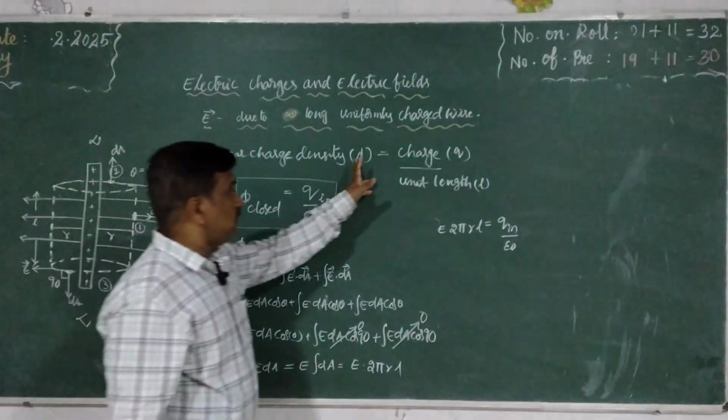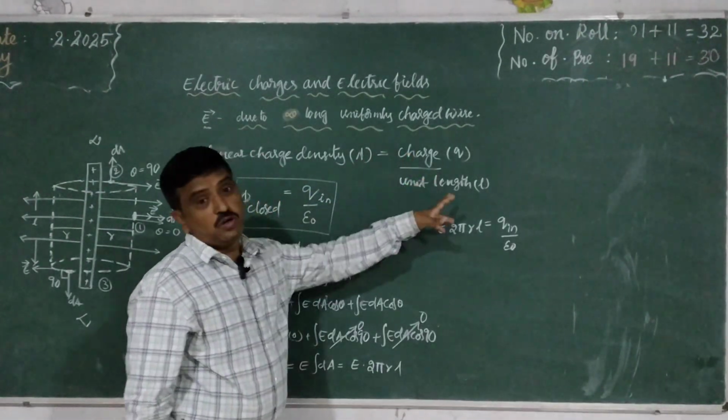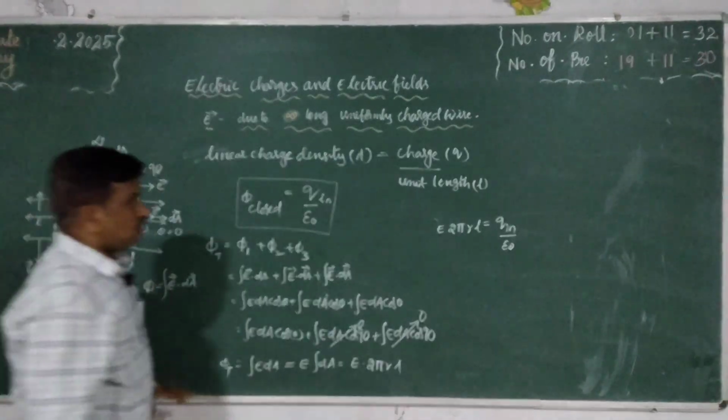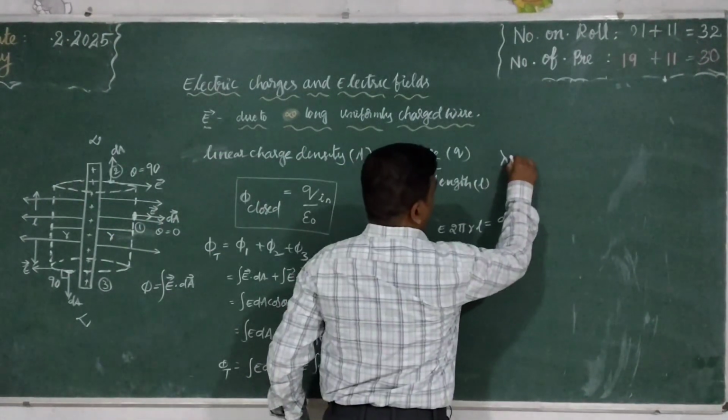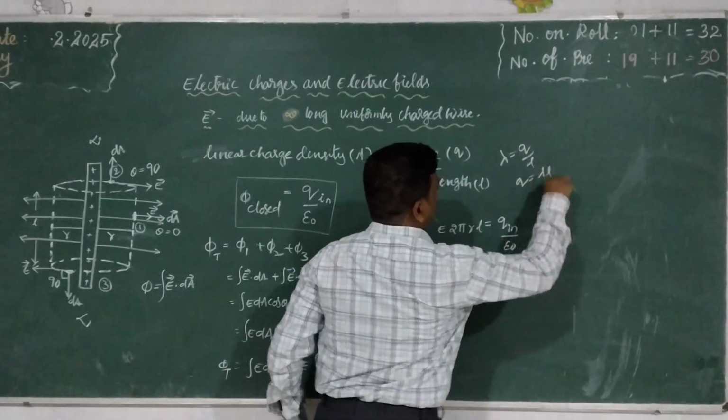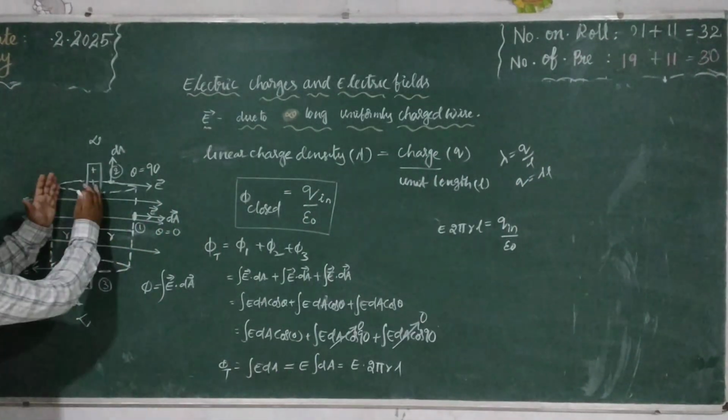Linear charge density lambda is charge per unit length. The length is L, the charge is Q, so lambda equals Q by L, so Q equals lambda L. That is the charge inside this Gaussian surface.